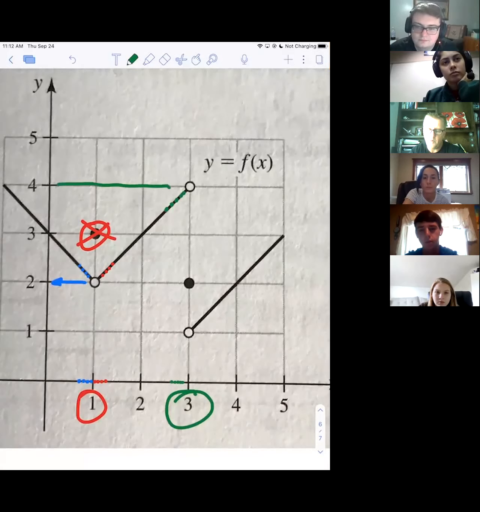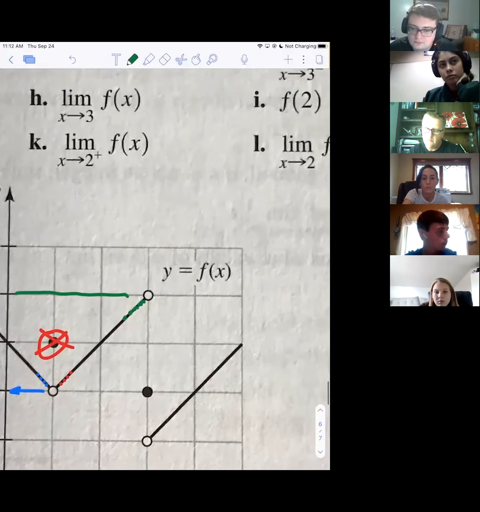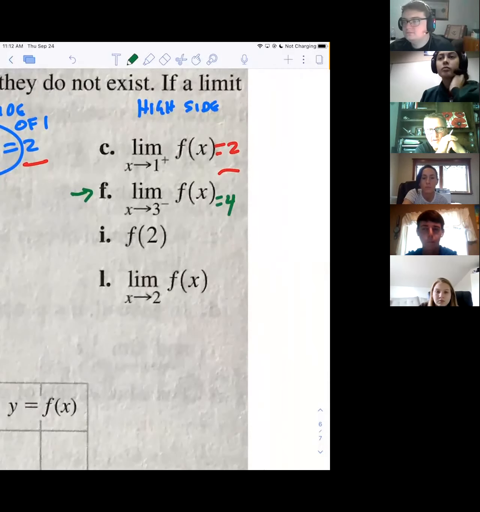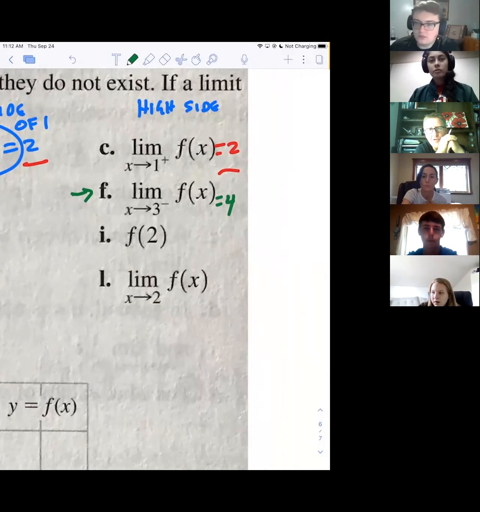We're getting close to 4. So if you approach x is 3 from the low side of 3, then you're getting y values that are getting closer and closer and closer to 4. So that's the sort of technical answer to this question. It's 4. You're working your way to 4. You're not getting 4. You can't get 4, just like we couldn't get 8 a minute ago, but it looks like 4. I'm ready to sort of guess it's 4.